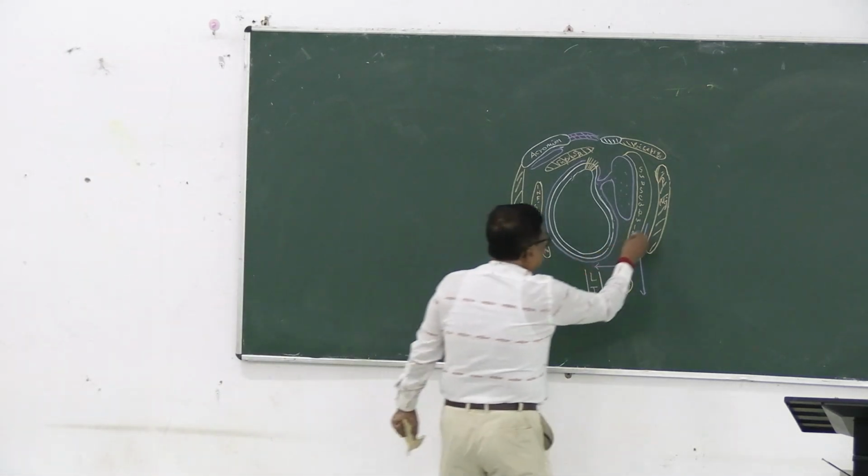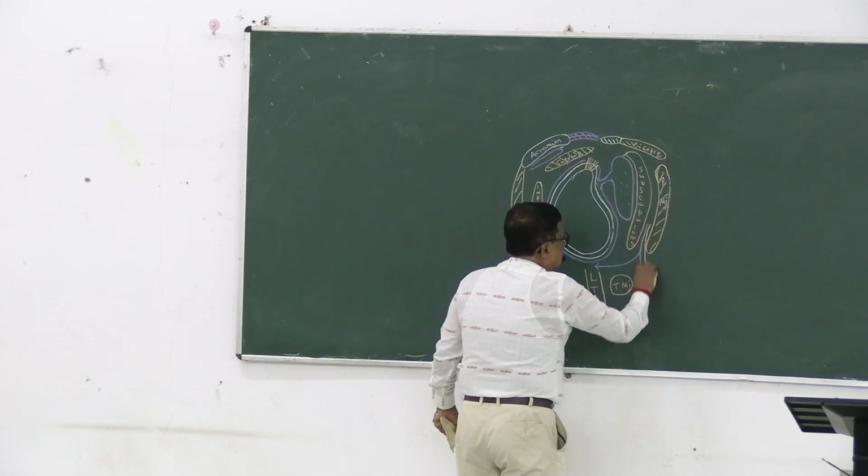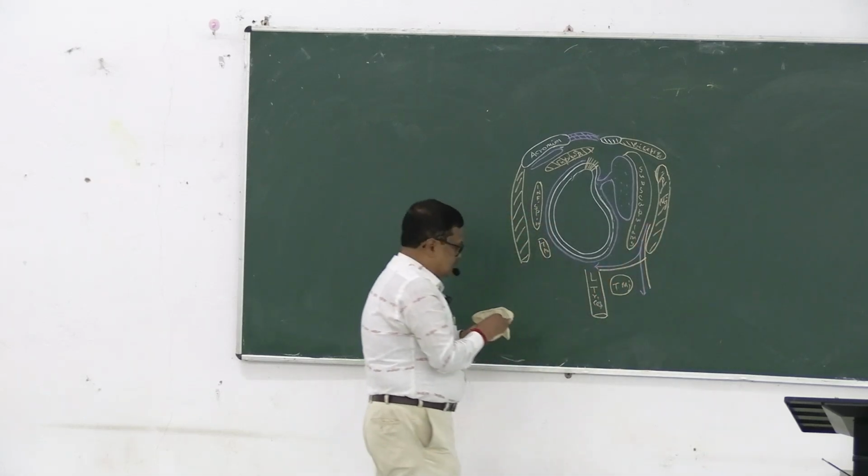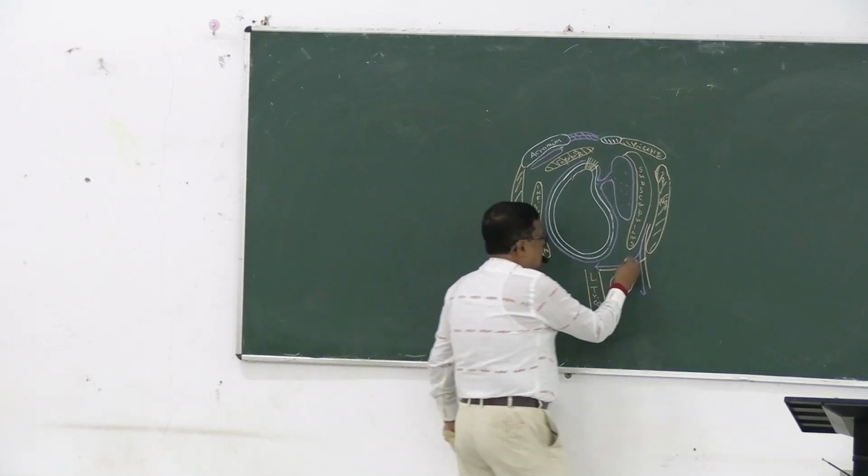And there is an artery, the axillary artery. From this artery, there is a posterior circumflex humeral artery. You will learn.